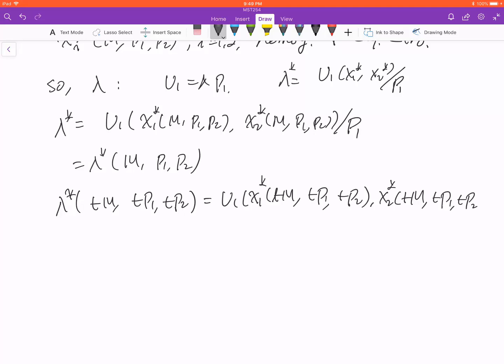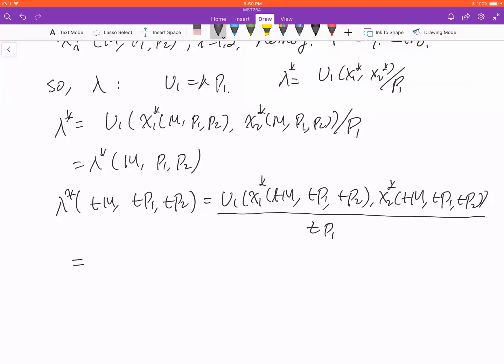We just scale all the parameters, including the one in the denominator. So we have tp1. And remember, x1, x2, they are homogeneous of degree 0.